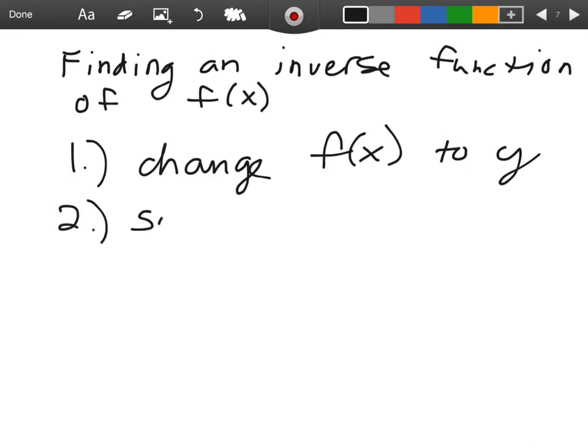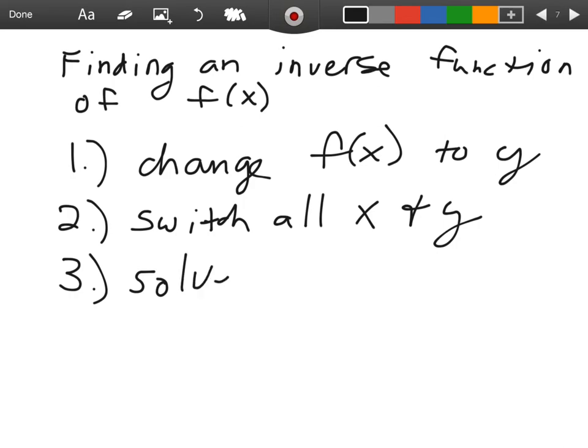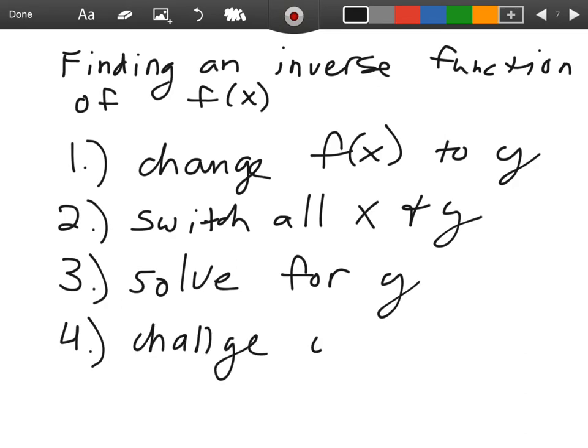Step 2, switch all x and y. Step 3, solve for y. And step 4, let's change y to f inverse of x.